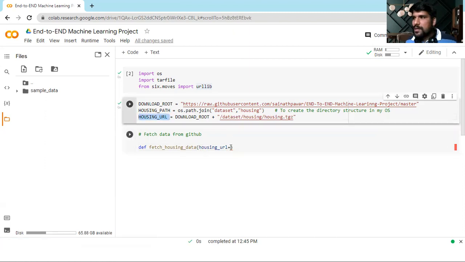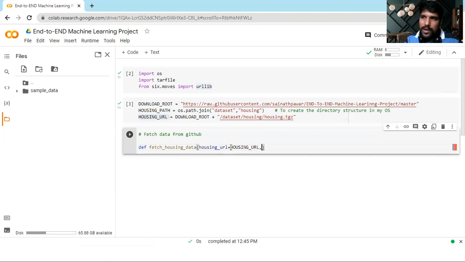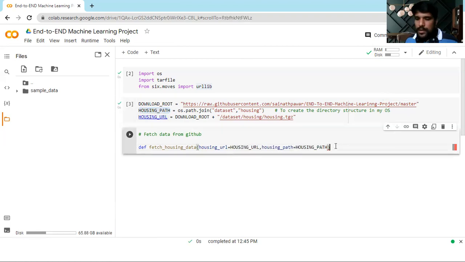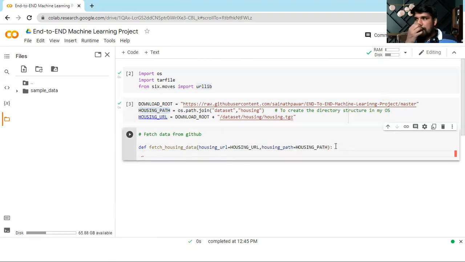So I copy it here and paste it. Then what do I require? A path, right? The user must give the path where I have to download that data. So for that I use housing path, and the default value is this. Okay, now I am inside this function. Now I have to create the directory.